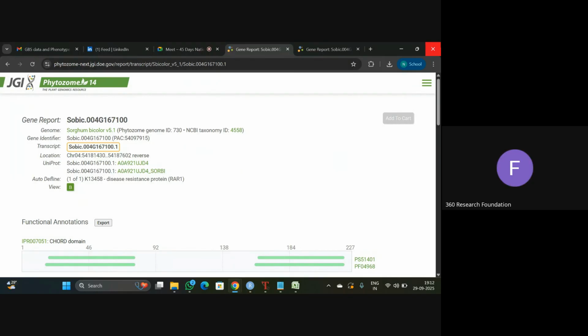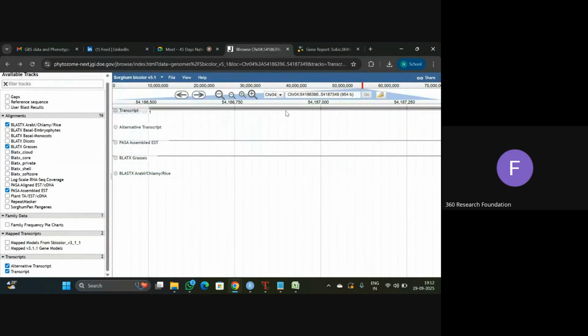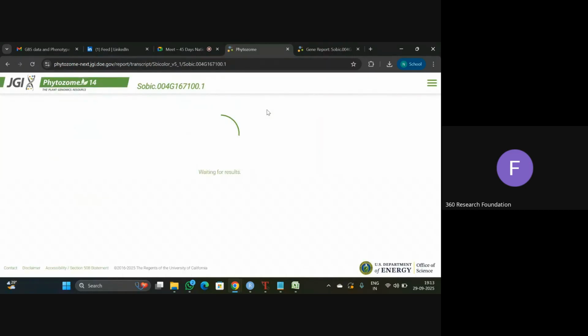So just a normal double click you need to do on this gene, not anywhere here. On this gene, simply double click it.